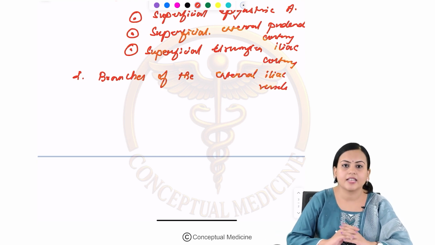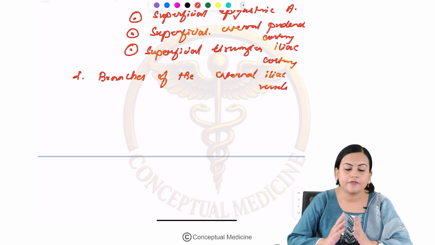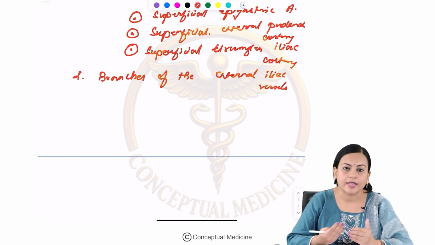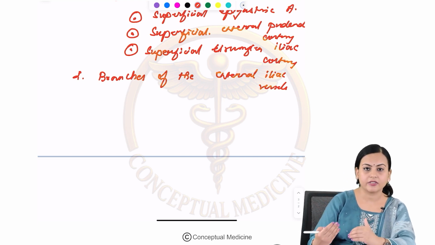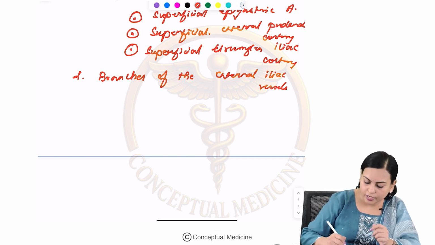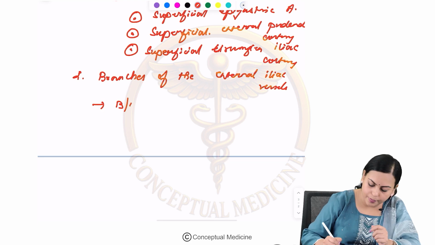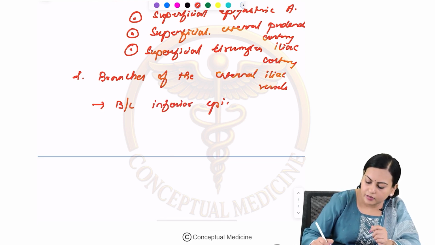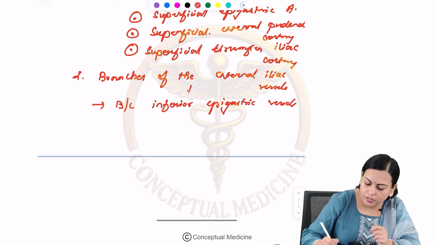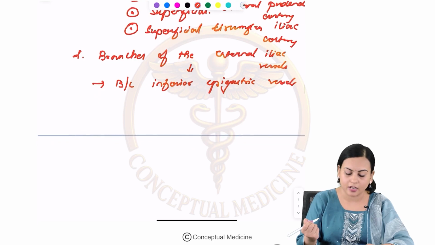Branches of external iliac vessels include inferior epigastric artery on both the sides, as well as their veins that will supply the anterior abdominal wall and the fascia. It is bilateral inferior epigastric vessels, which are the branches of the external iliac vessels.